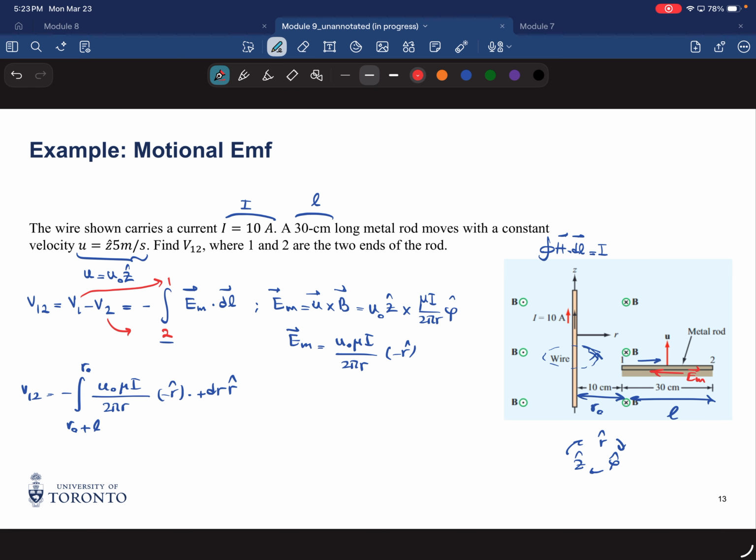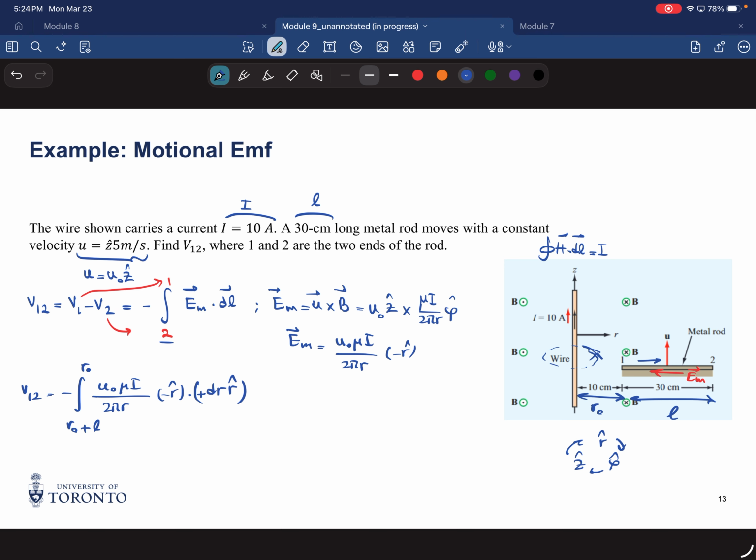I'm saying for dl, always consider the positive side of the axis, and then take care of the direction of where you're going by the bounds. If you put a negative here, because you're going from point 2 to point 1, this would be a minus dr r hat, and you already put this in the bounds, so they're going to cancel each other out. Always for dl, put positive of the axis, and then take care of the direction by the bounds.